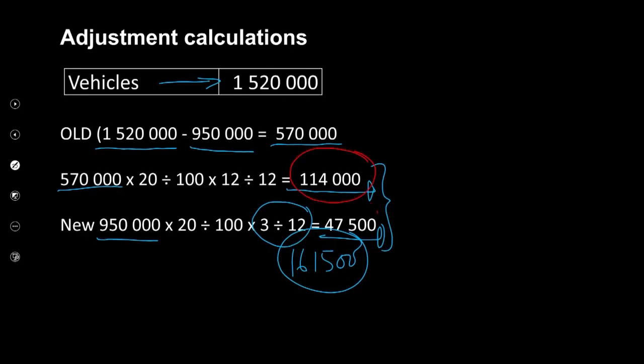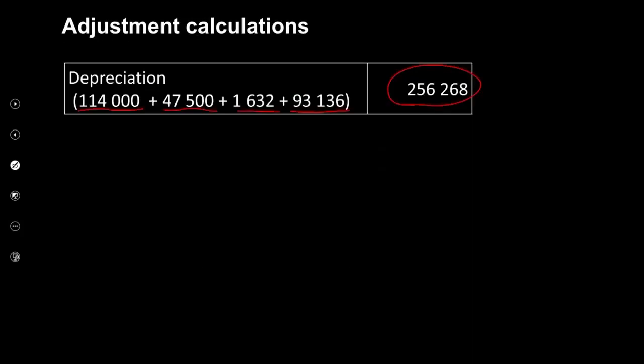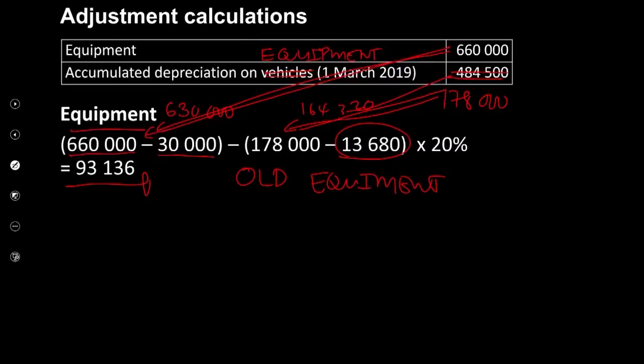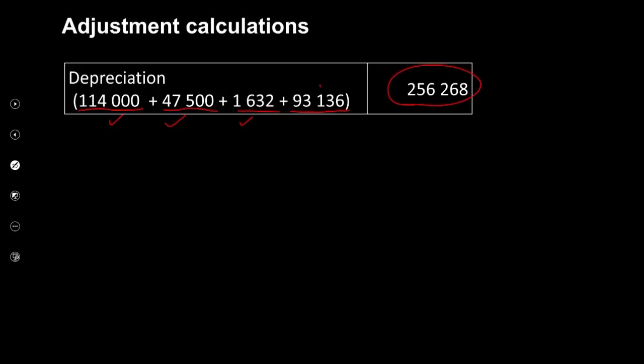The vehicle's new was 47.5. Remember, on your sold equipment, namely the computer, was 1632. And then we also worked out the equipment on the old equipment, the 93,136. My total depreciation was 256,268.